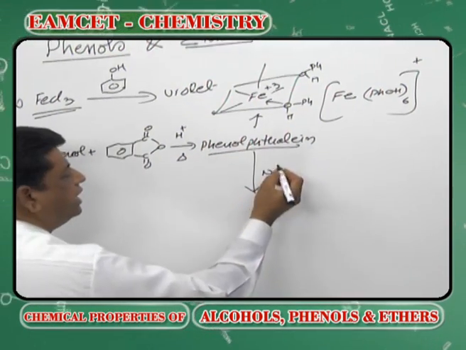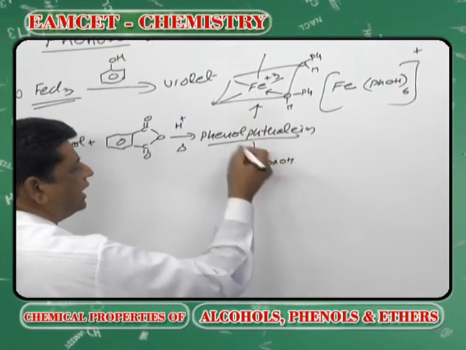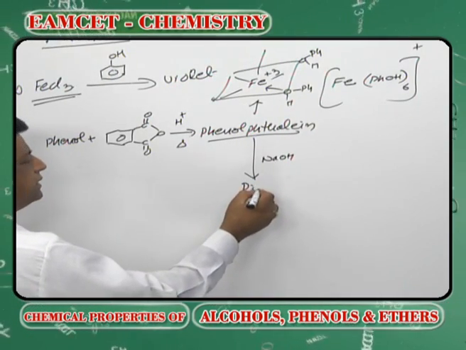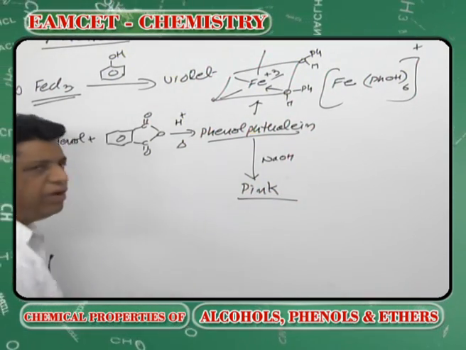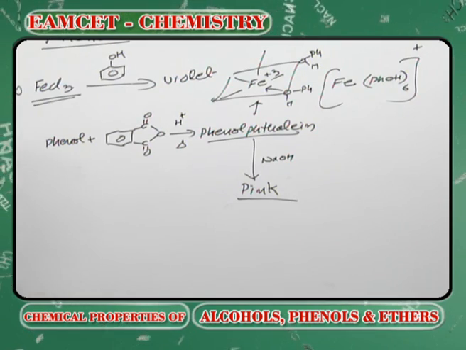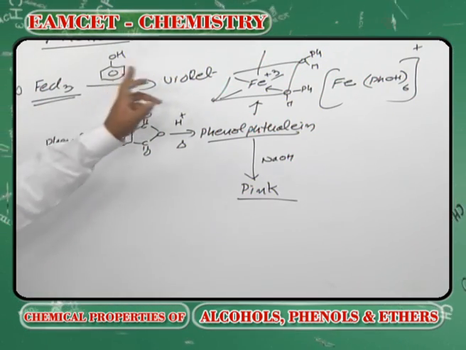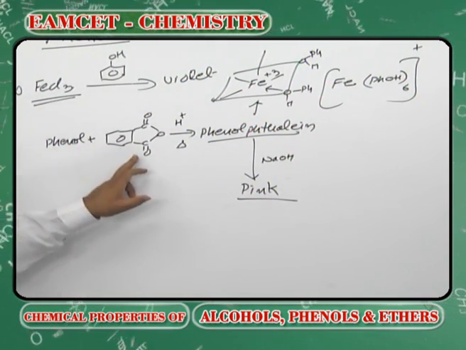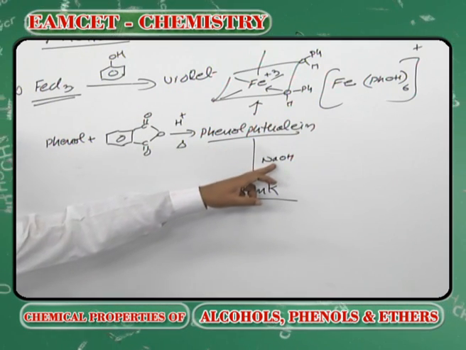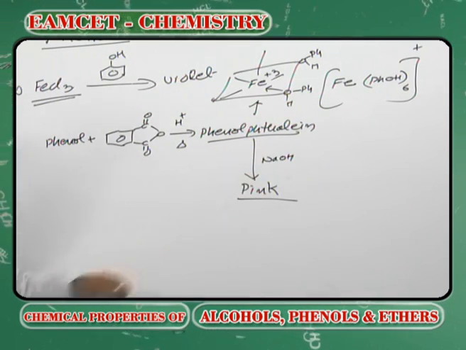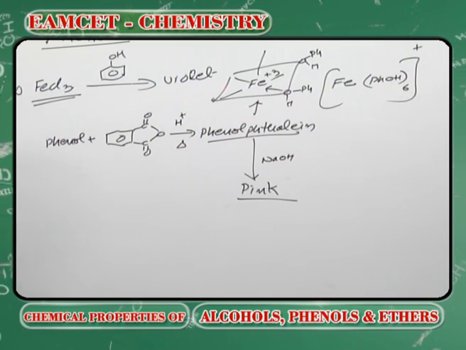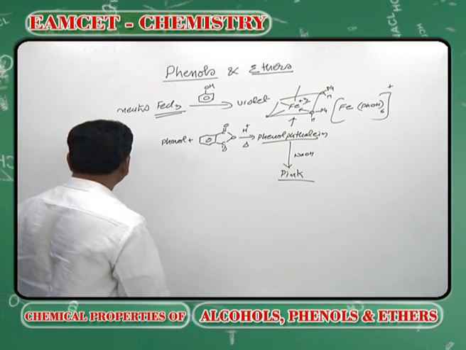This phenolphthalein, if you add sodium hydroxide, in the alkaline medium, you will get a pink coloration. This is also one of the tests for phenol. How do you identify phenol? Phenol with neutral ferric chloride gives a violet coloration; phenol with phthalic anhydride, followed by an alkaline medium, gives a pink coloration. These are the beautiful tests for phenol.